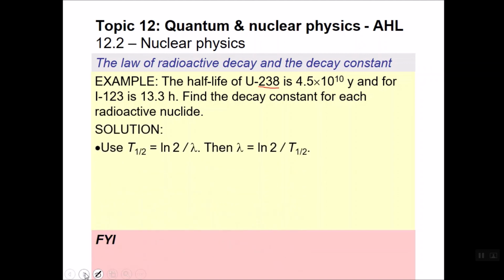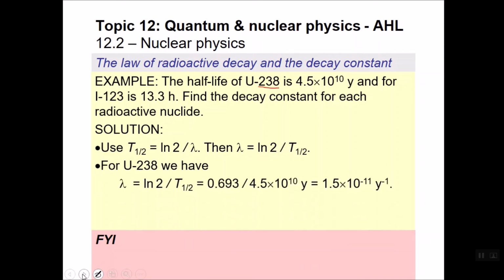All right, so there's our equation that we just derived. We can bring it in. We know what the half-life is. It was given to us. We do not need to worry about the units unless we need to convert it for some other reason. But we can go with whatever units they give us.